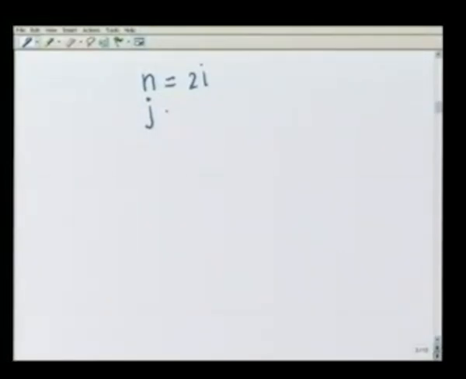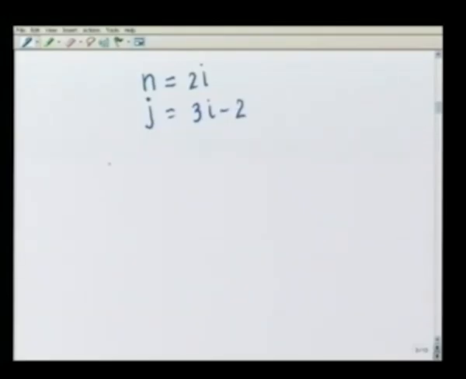So we see that in this closed chain, the total number of links n turns out to be 2i, where i denotes the highest order link in this chain, and the total number of joints j turned out to be 3i minus 2.